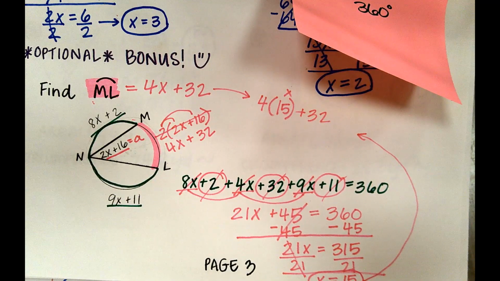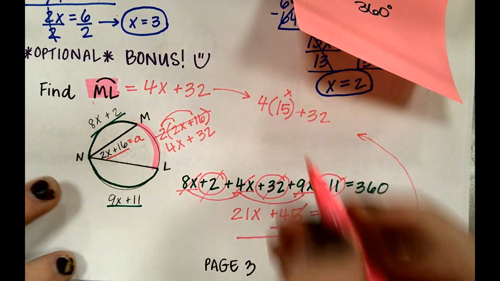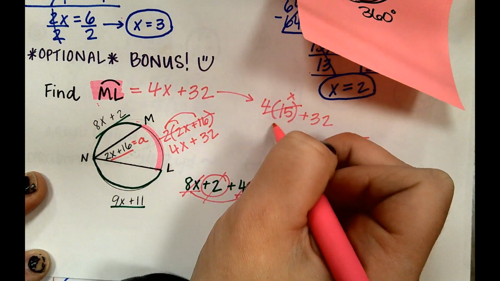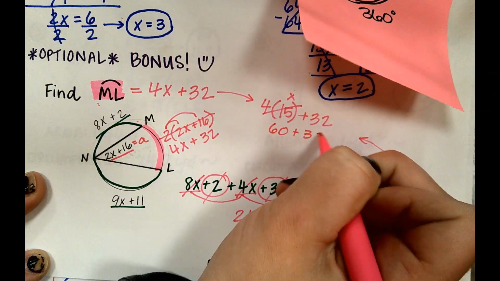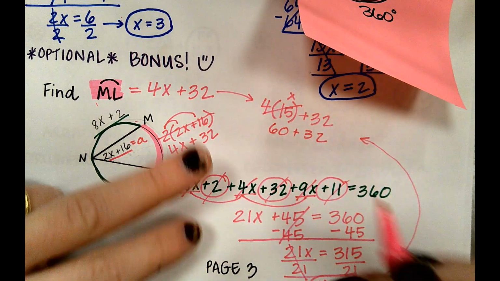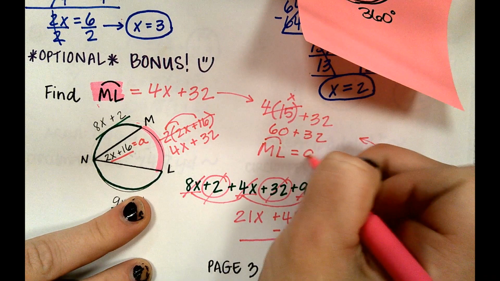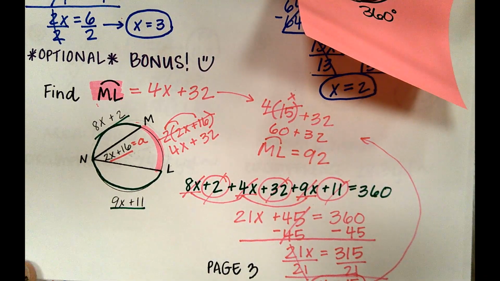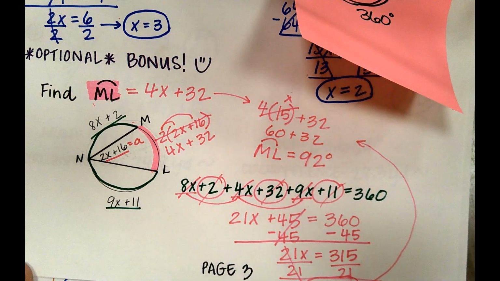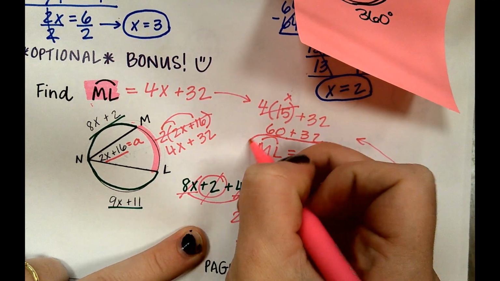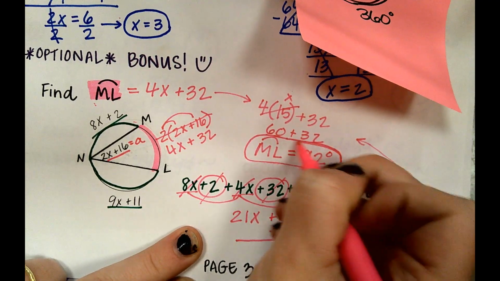Let's see. 4 times 15 is 60, plus 32 is 92 degrees. There's the answer. There it is.